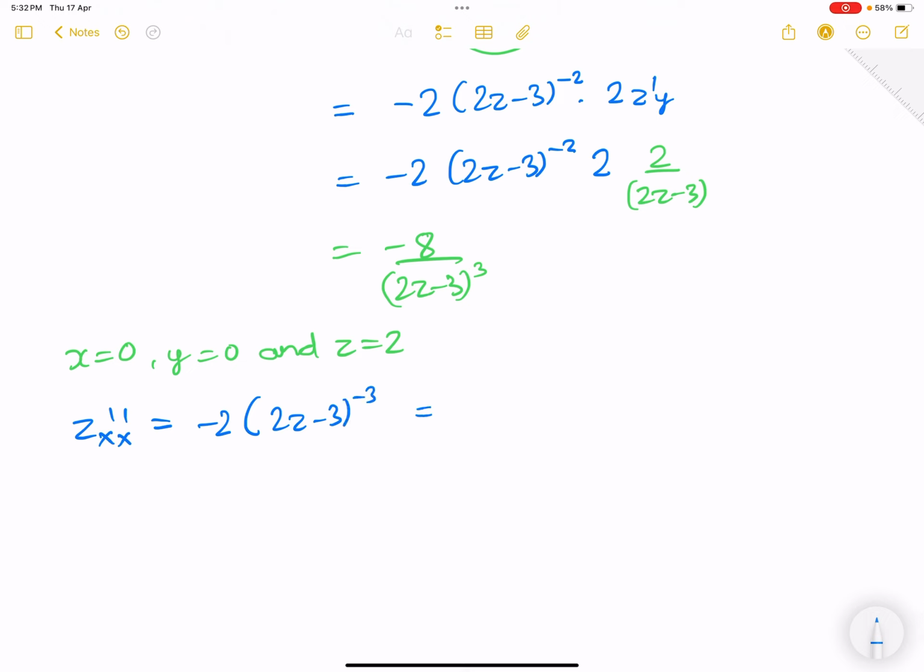So z is 2, so this would become minus 2 times 4 minus 3, which is 1. So this is minus 2.